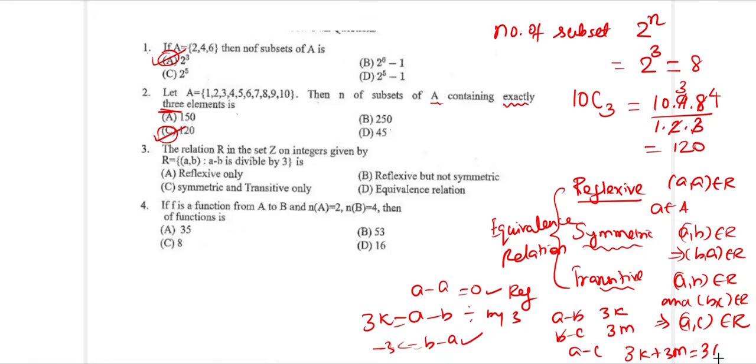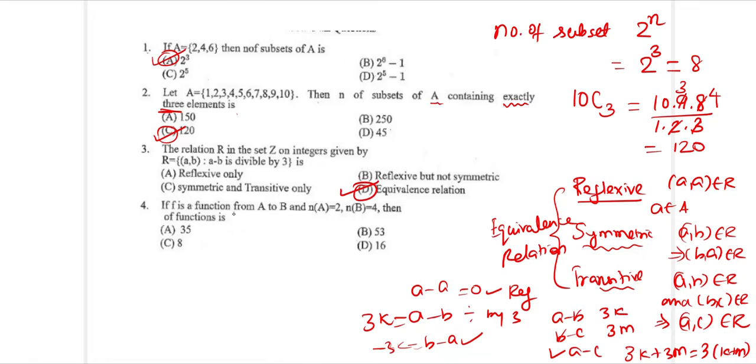Take the 3 common outside: 3 times K plus M. Is 3 times K plus M divisible by 3? Yes, it is also divisible by 3. Therefore, you can say it is transitive. So it is reflexive, it is symmetric, it is transitive. All the three properties hold true. Therefore, you can conclude that divisibility of A minus B by 3 is an equivalence relation.